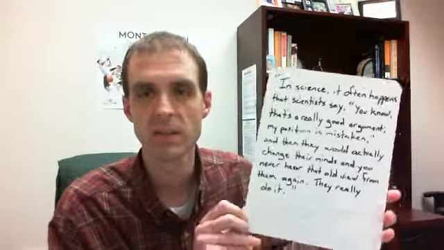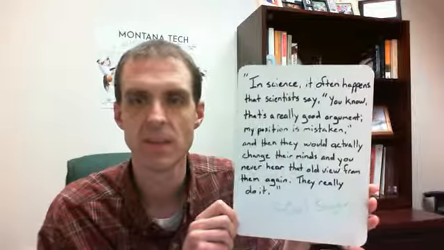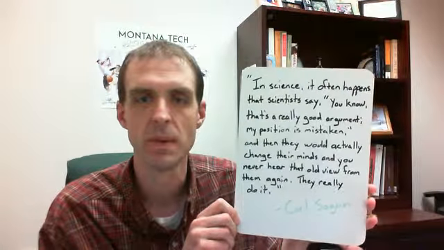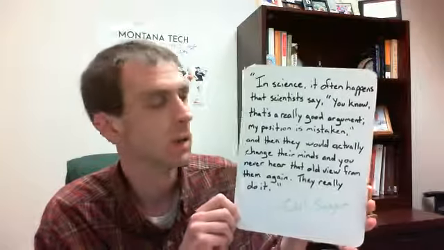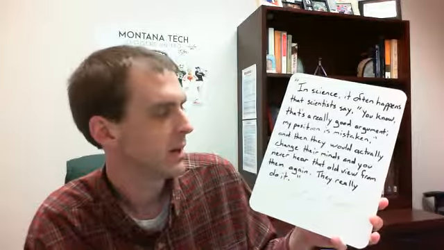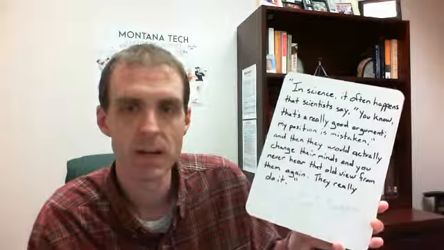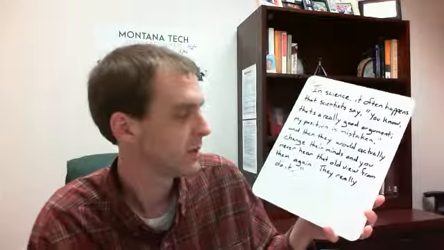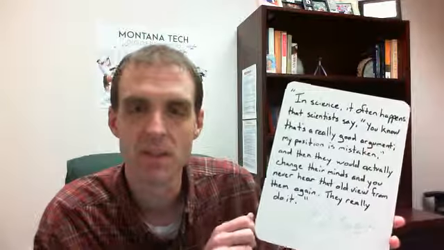It's a quote by Carl Sagan. It says, "In science, it often happens that scientists say, you know, that's a good argument. My position is mistaken." And then they would actually change their minds, and you never hear that old view from them again. They really do it. That's from Carl Sagan.